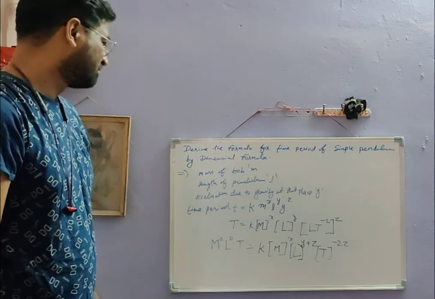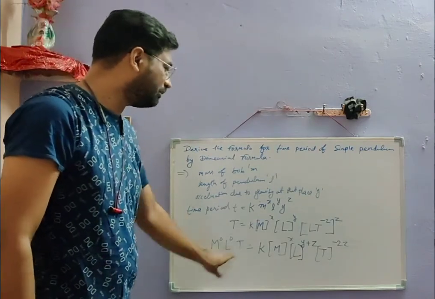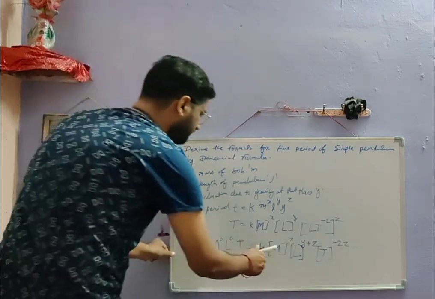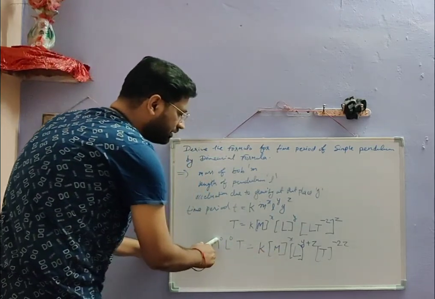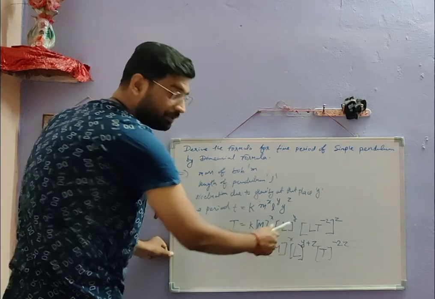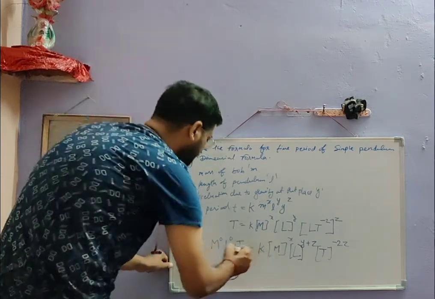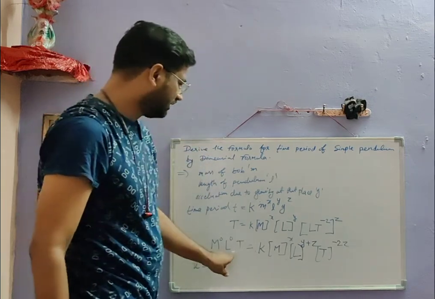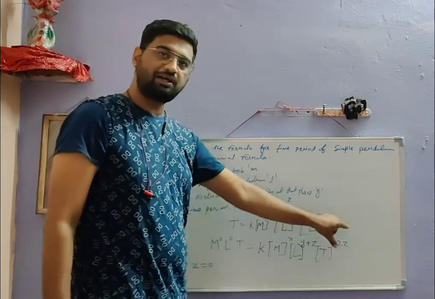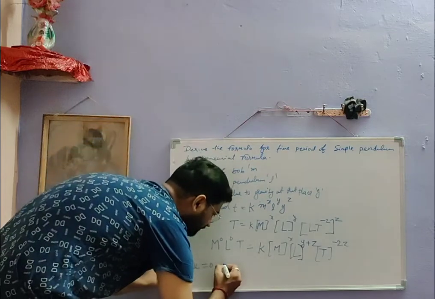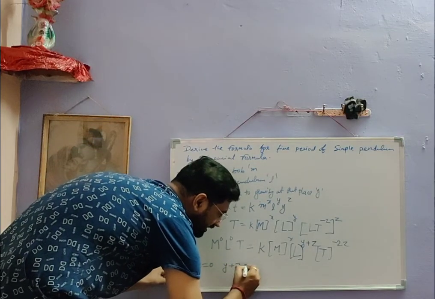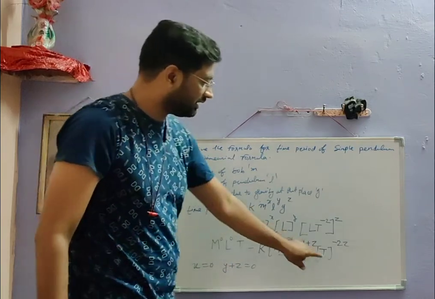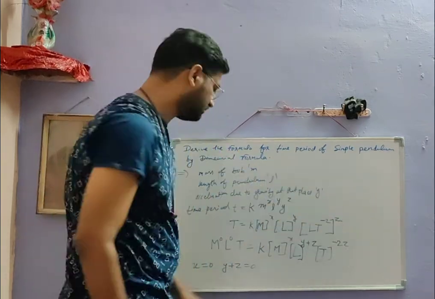Okay, so after this, by comparing both sides, we will get for M, here M to the power 0, and here M to the power x. So overall x is equal to 0. Here L to the power 0, here L to the power y plus z. So y plus z is equal to 0. And last one, here T to the power 1, and here T to the power minus 2z.